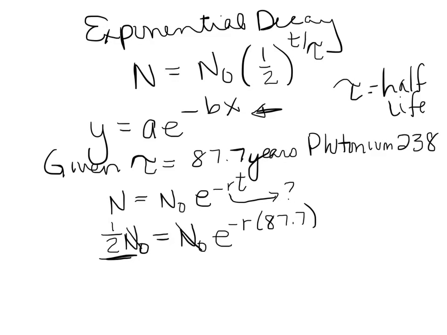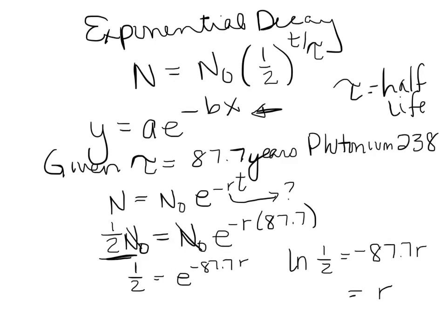The N naughts will cancel, and I have 1/2 is equal to e to the minus 87.7 r. I'll rewrite this and give a natural logarithm of 1/2 is equal to minus 87.7 r. Divide by the 87.7, and I can figure that out. ln 0.5 divided by negative 87.7, and get a value for r.